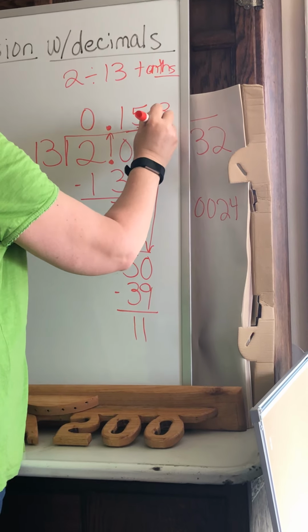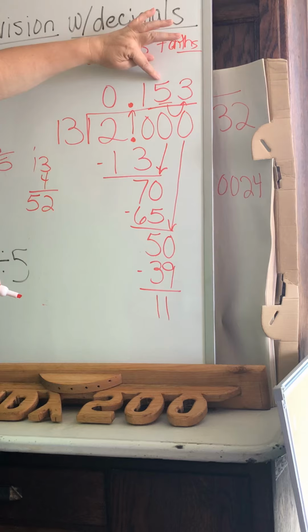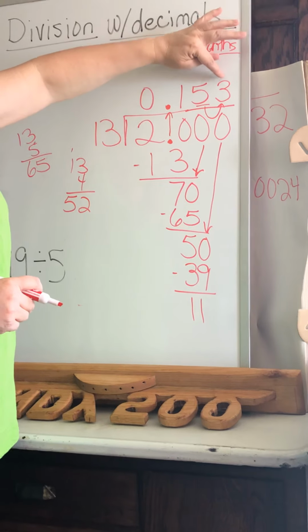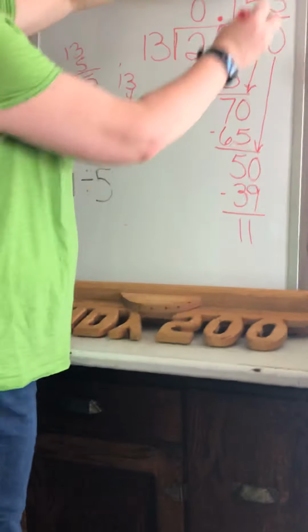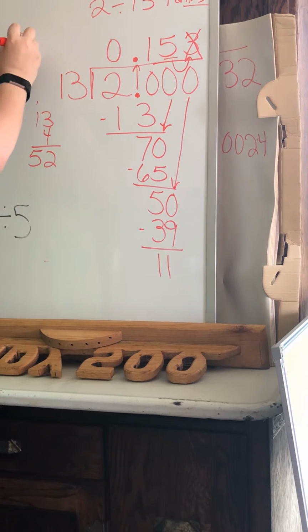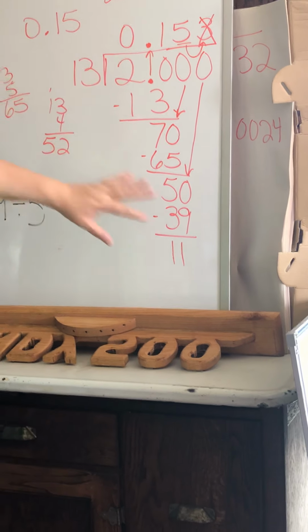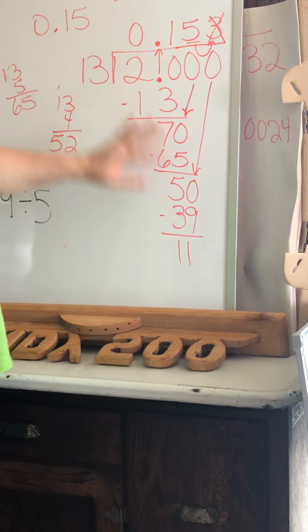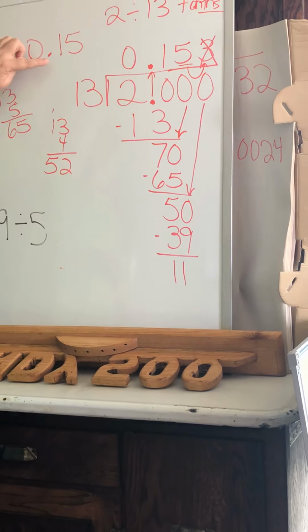We're going to go over to the right. If this is 5 and up, this moves to a 6. But it's 4 and below, so it's going to stay at a 5. And everything else is going to drop off. So it's going to be 0.15 for an answer. Because this may just keep continuing on for I don't know how long, okay? So we'll just go with the answer of 0.15.